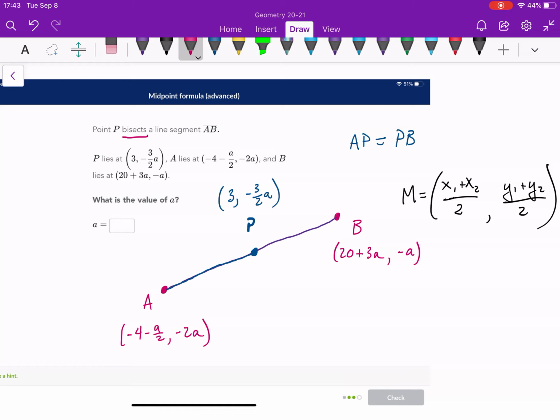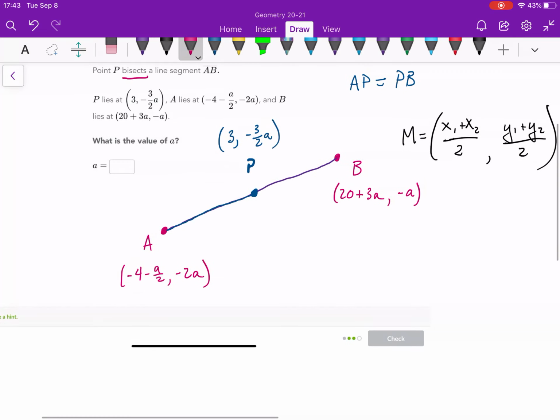What we can do is work with either coordinate, okay? In this case, we can work with the x-coordinate or the y-coordinate. But I'm going to pick the x-coordinate because I know that this is an actual number, right?